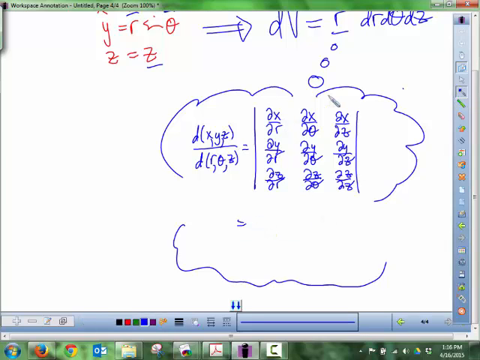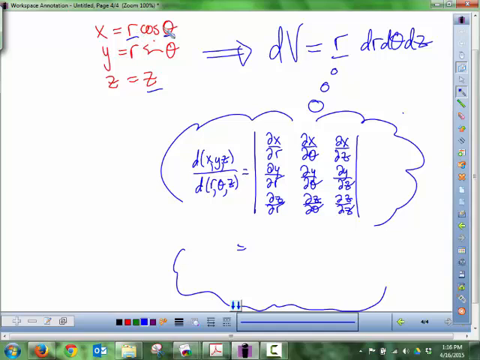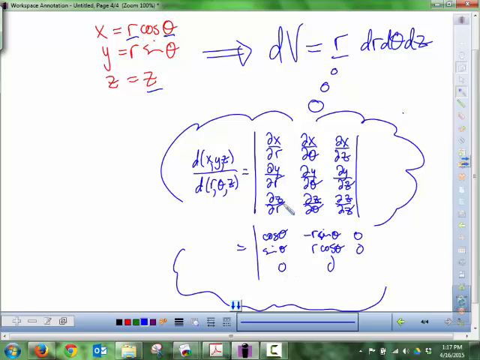So we're going to get the same business that we got last time. I don't know if you guys remember, but the partial of x with respect to r is just cosine theta. Partial of x with respect to theta is, what is it, negative r sine theta. And partial of x with respect to z, since there are no z's in there, is just going to be 0. And the partial of y with respect to z is also 0, and then the partial of z with respect to z is 1.